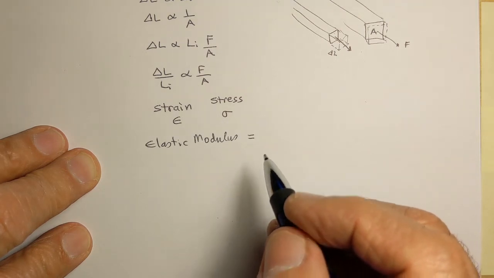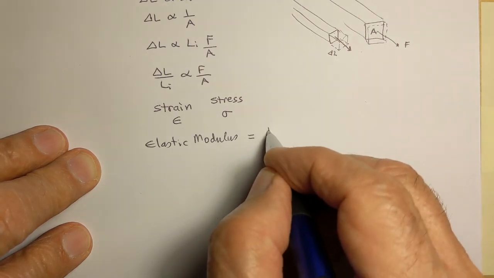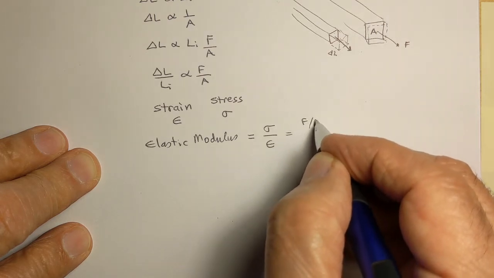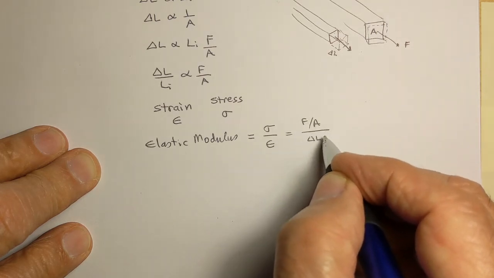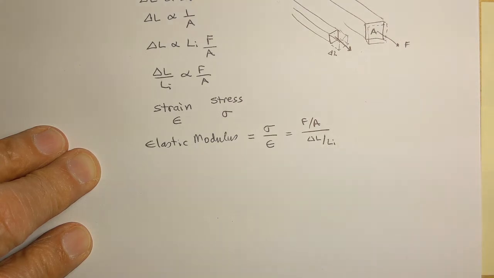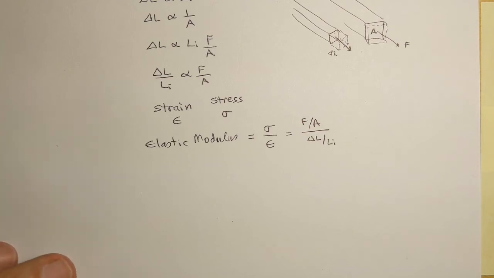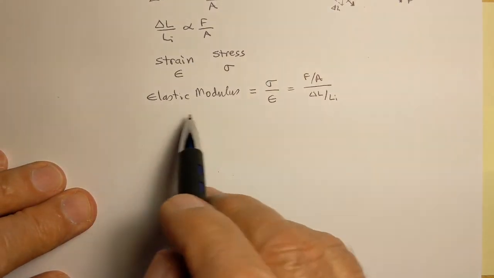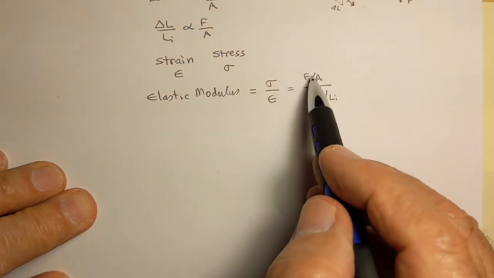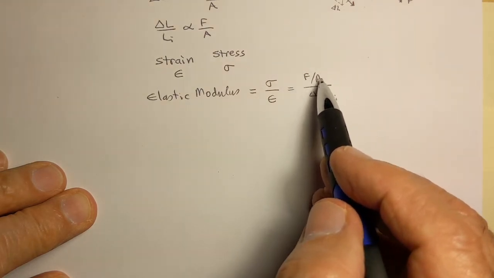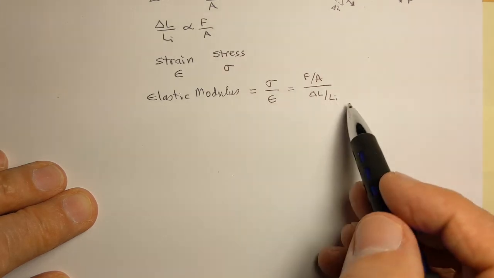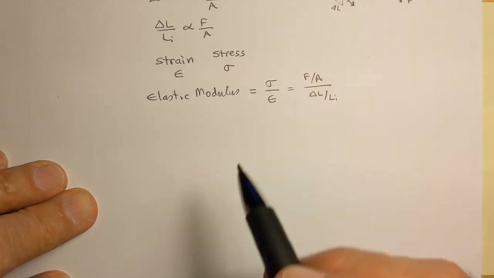So the elastic modulus is the stress over strain, and that's F over A divided by delta L over Li. Now there are three kinds of stresses that we will look at, and hence three elastic moduli, and they will have different areas, and they may have different strains. We can't say different delta L by L, but they would have different strains.